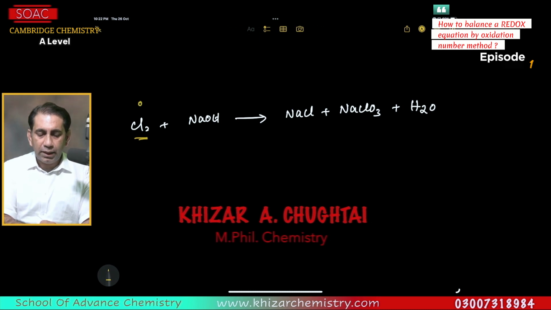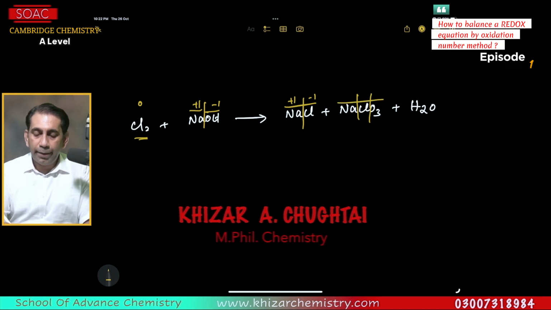First of all, Cl is equal to 0. In case of NaOH, the whole OH is equal to -1. Sodium is +1. In case of NaCl, Na is +1 and Cl is -1. In case of NaClO3, three elements are over here. I'm putting +1 for sodium, it is fixed.